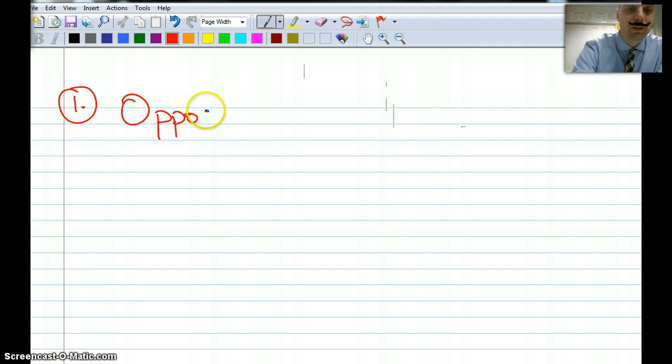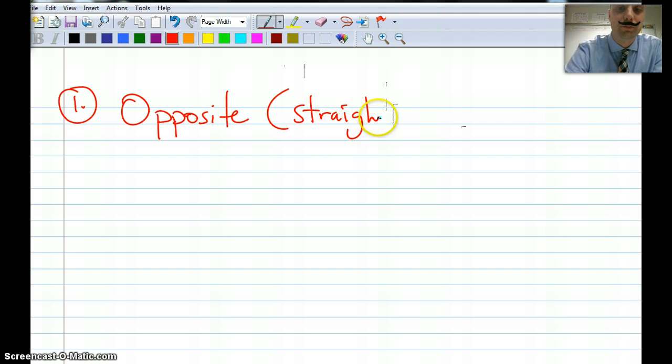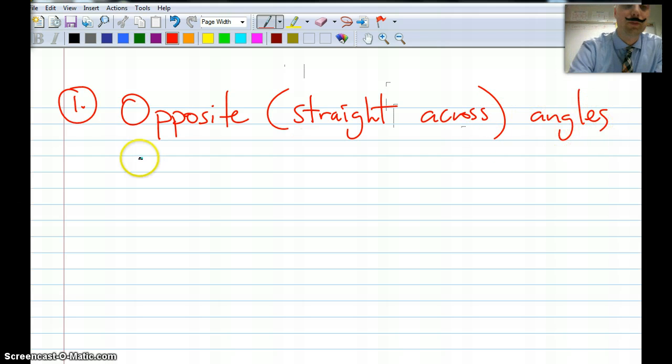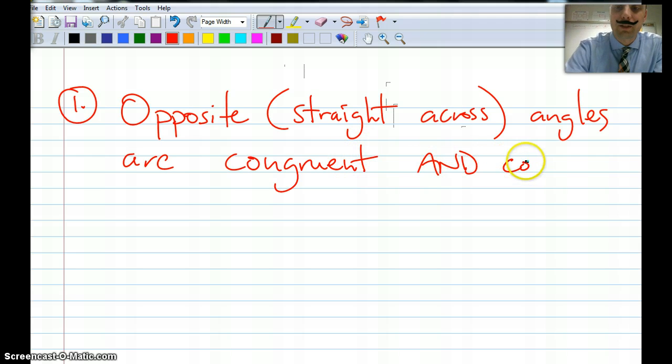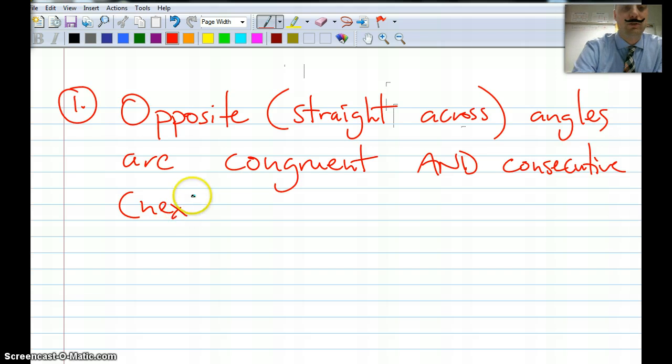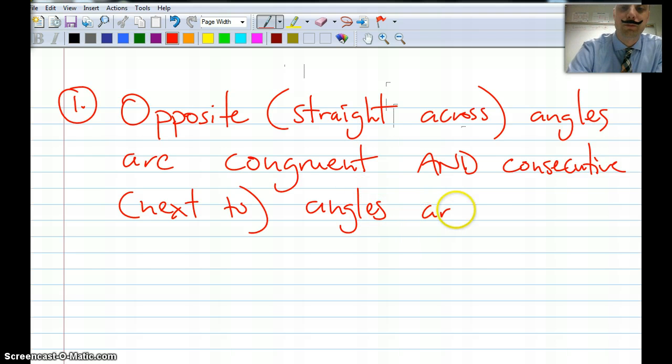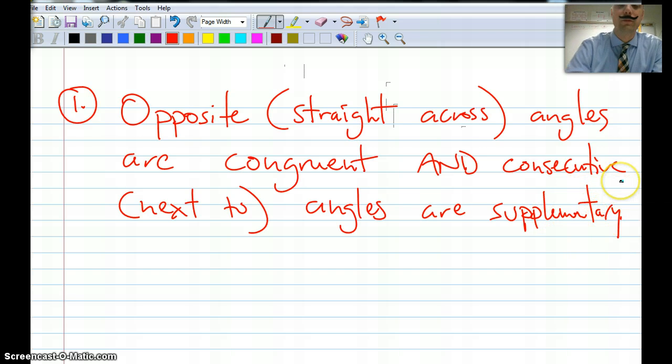Opposite angles, and the word opposite in geometry means straight across, and we're talking about angles here, so opposite angles are congruent, meaning they're the same, and consecutive angles, and consecutive in geometry means next to, consecutive angles are supplementary. Okay, so make a picture of a parallelogram right below that.